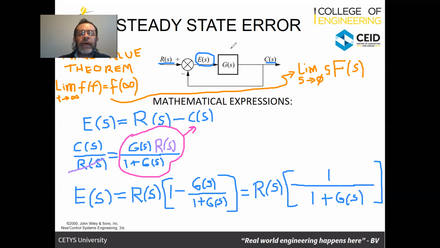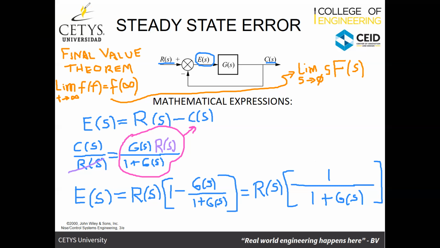Now, we just said that in the end, what we want is the final value, right? And so let me just do a quick screenshot of this in a moment, so I can add it.